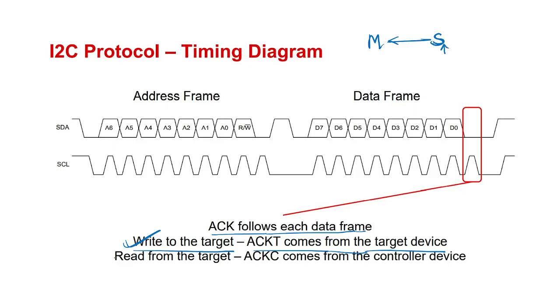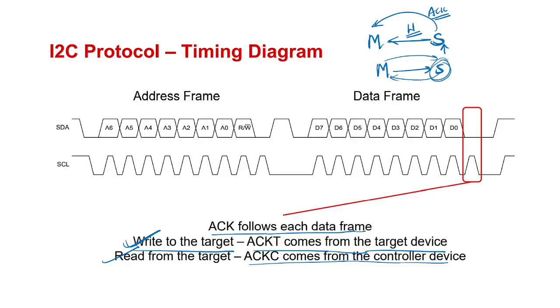Okay, read from the target. This was for write operation. Suppose the master wants to read from the slave. Write means ACK is coming from the target device, from the slave. Read means the master will send the ACK to the slave asking, can I read whatever data is present in you?